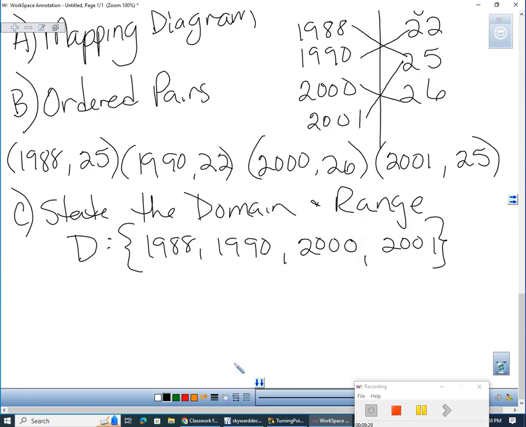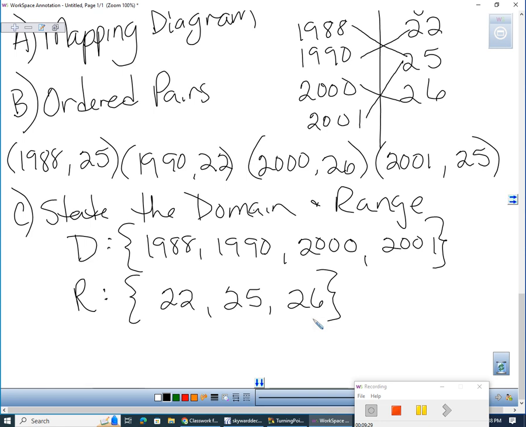My range, put an R with a colon and a bracket. Again, my range is the right-hand side of my mapping diagram. So I have a 22, 25, and 26. Questions?